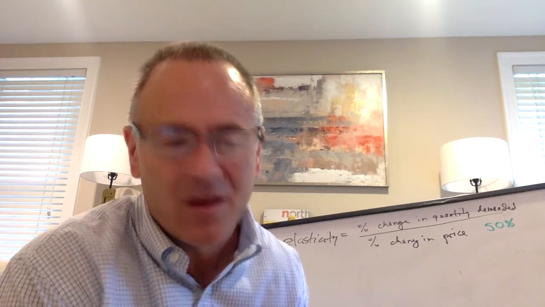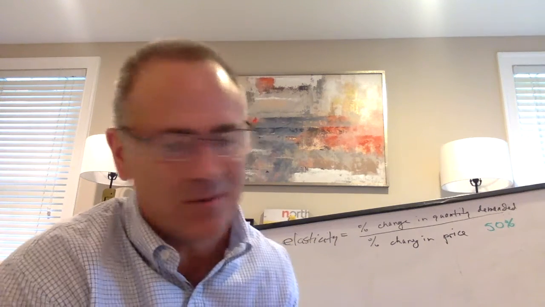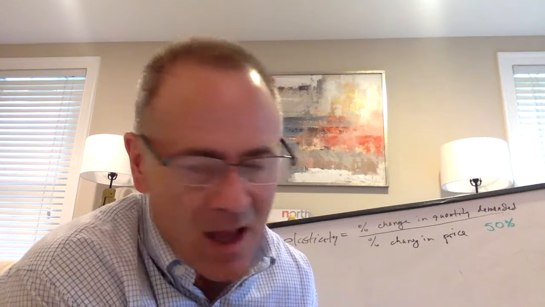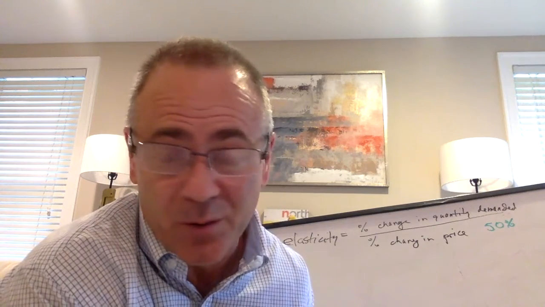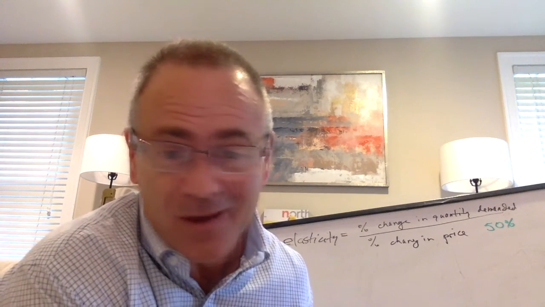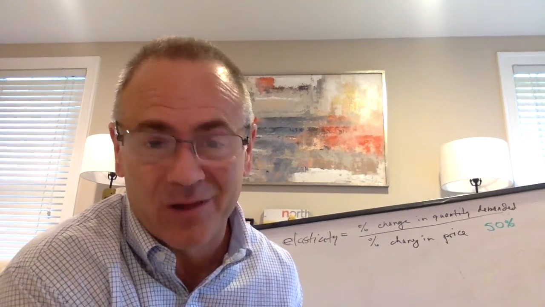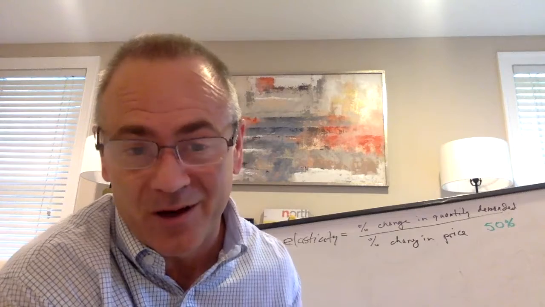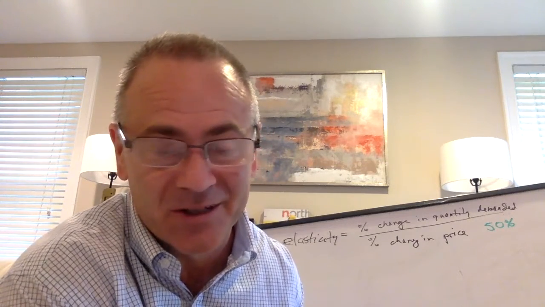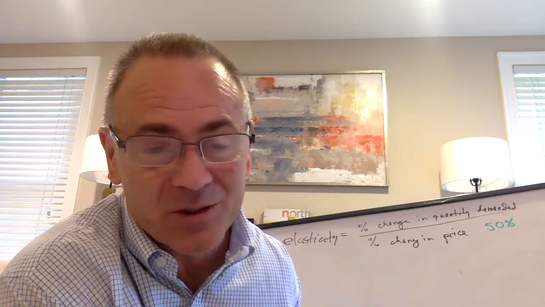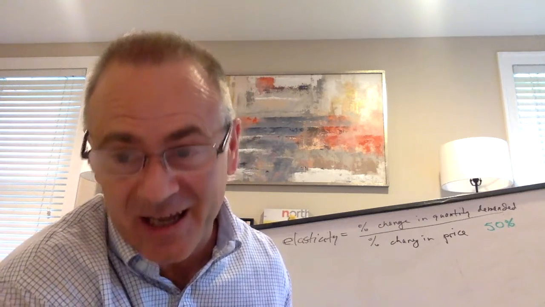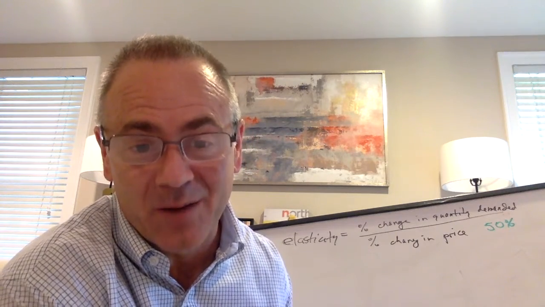So we'll say the demand curve is fairly flat. Something like salt would be that way. I spend so little money on salt, I can't even tell you what the price of salt is. If it went up by 50%, I don't think I would notice it, and I don't think I would change my quantity demanded by much at all.